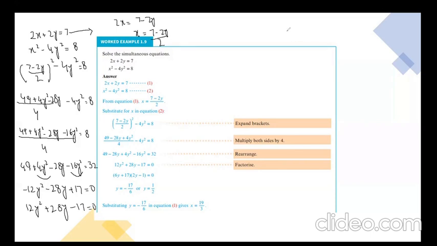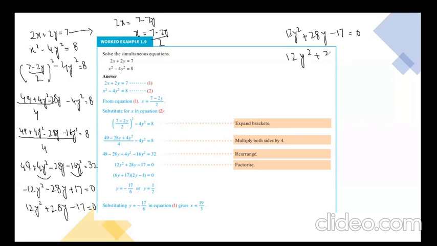Now doing mid-term breaking, 12y square plus 28y minus 17 equals to 0. So in this case, it must be 12y square. Now, how to do it?